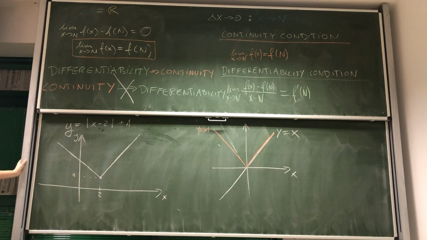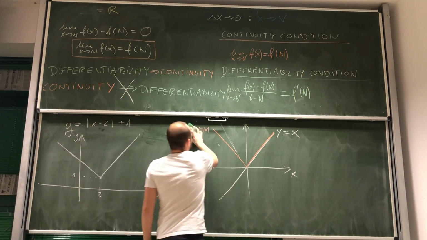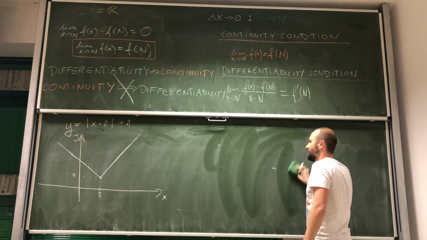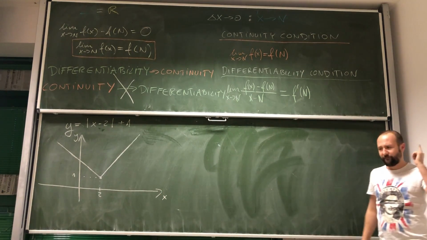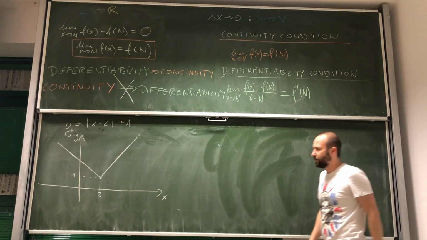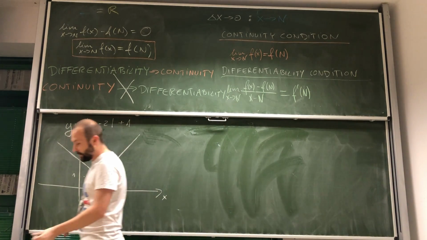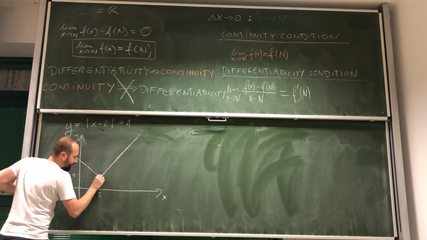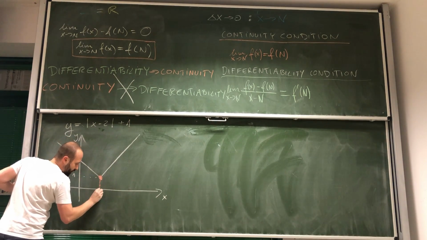Okay, but as it turns out, this function, even though it's continuous, it's not differentiable. We cannot find derivative of this function at one very unpleasant point. And which one? Well, I hope you can find it and you can guess it right away. Of course, at this point.